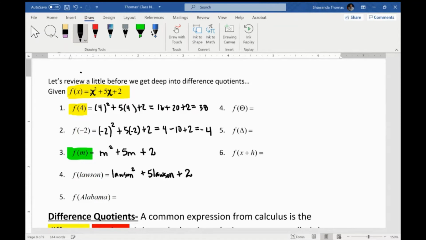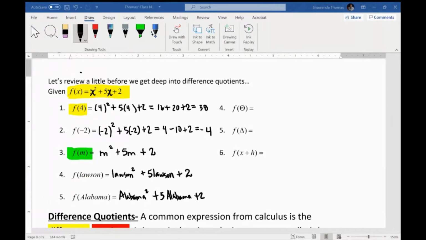Very good. Somebody else, if it was f of Alabama, what would it equal using the same function? Alabama squared plus 5 times Alabama plus 2. That's it. What about f of theta?